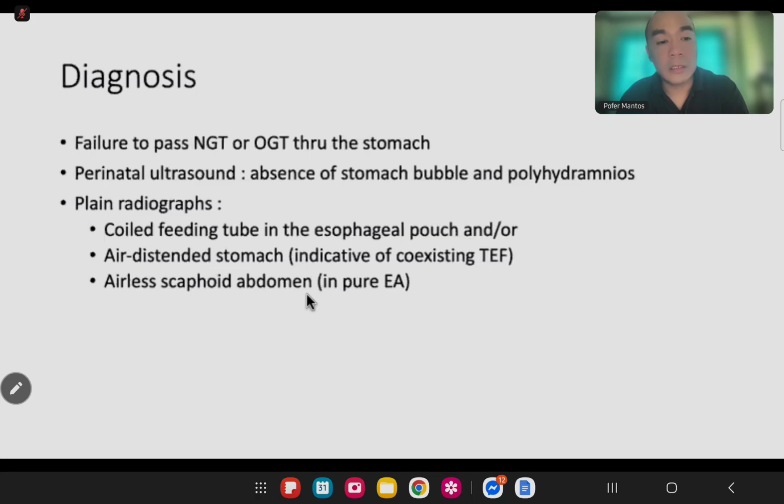You can also see an air-distended stomach, especially in those with TEF, because the air from the lungs will go down towards the stomach. For those with pure esophageal atresia, there's no fistula, so you would see an airless or scaphoid abdomen.